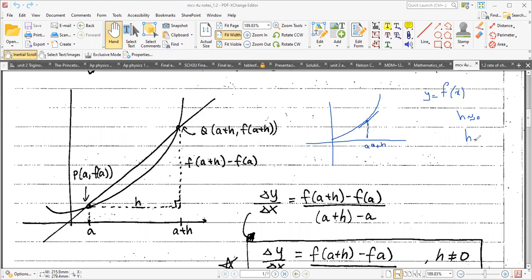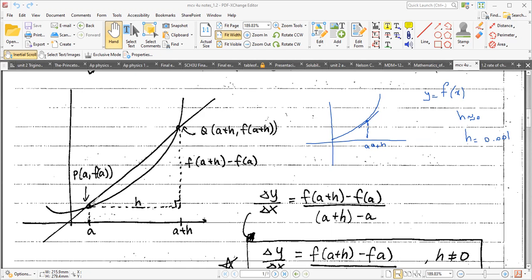For example, you can take H to be 0.001. Then A and A plus H are almost identical. Then when you find the average rate of change between these two close points, it will give you a very good approximation about your graph.